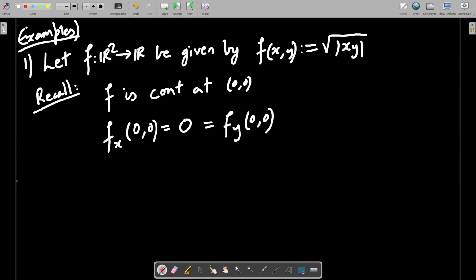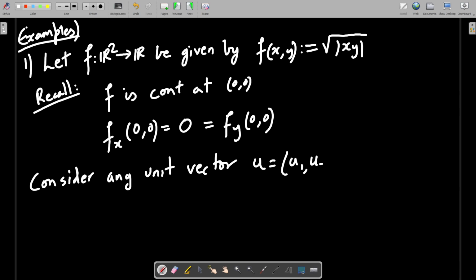let us try to find the directional derivatives. Consider any unit vector u in R2.